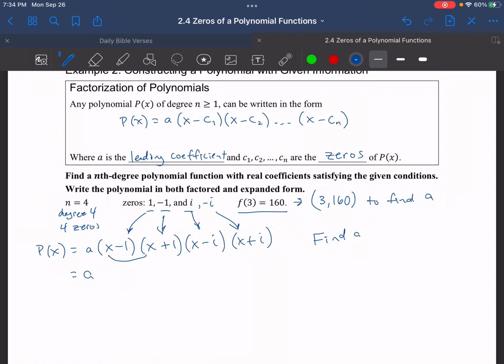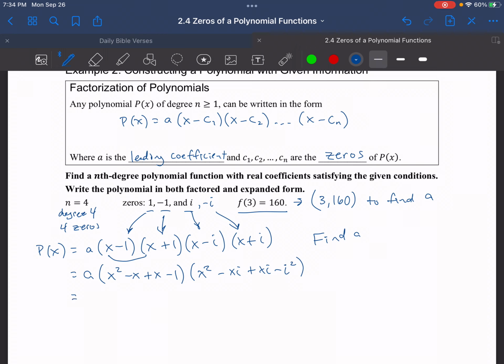x times x, and just go term by term: x squared minus x plus x minus 1. And then we can do this one, x minus i times x plus i, and that'll be x squared minus xi plus xi minus i squared.